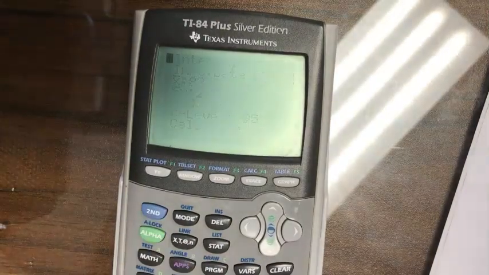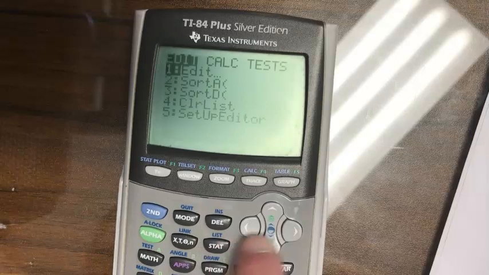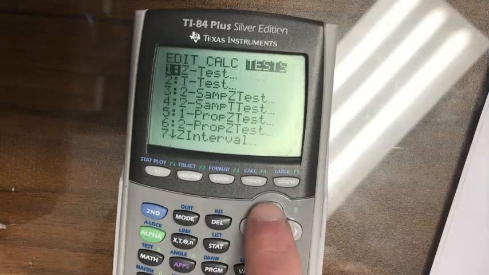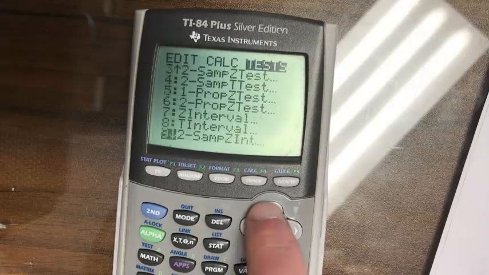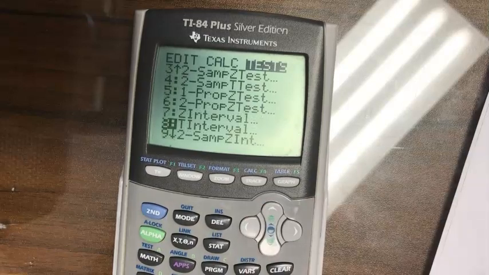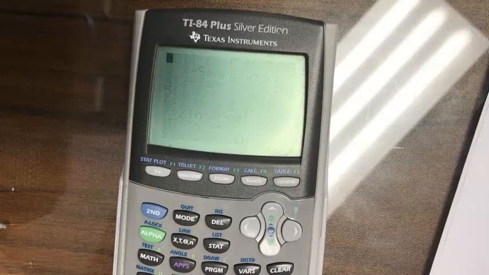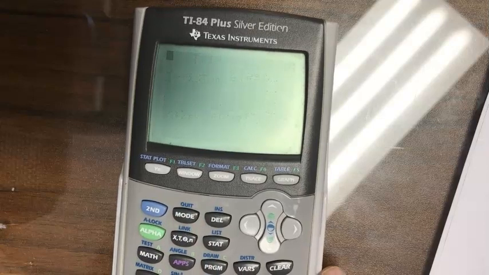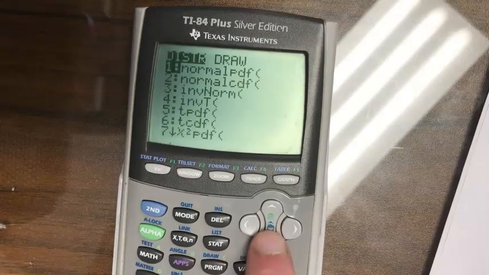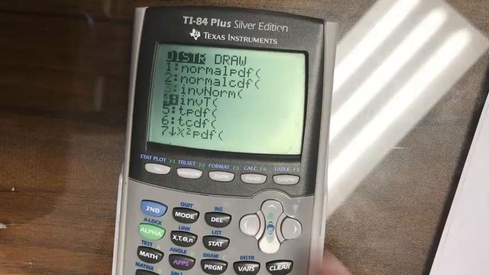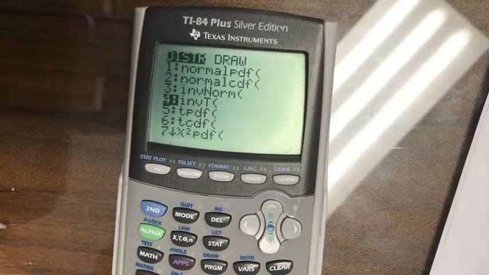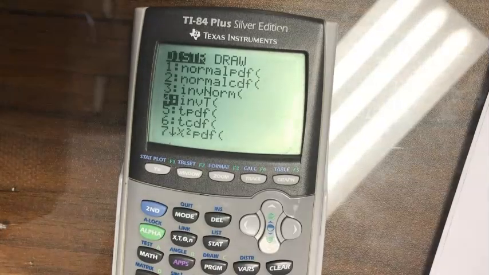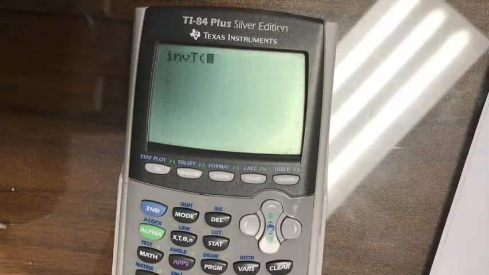Now, another thing about your calculator, which is interesting, if I go to stat tests and you look at that, you have the t-interval. That's where you're going to perform the test. But if I want to go backwards, I can go to second vars, distribution. Notice it says inverse t. Now, if you're dealing with inverse t, you're trying to find the outside of the distribution, so you're trying to find the t-score.